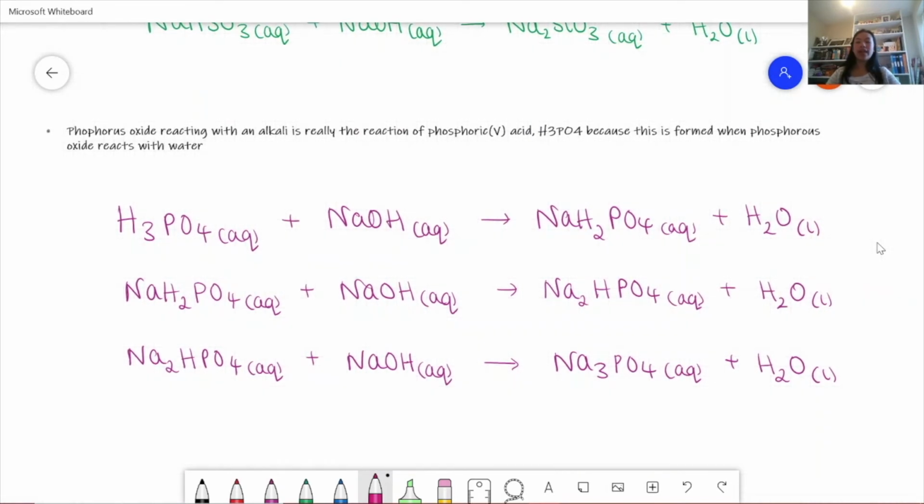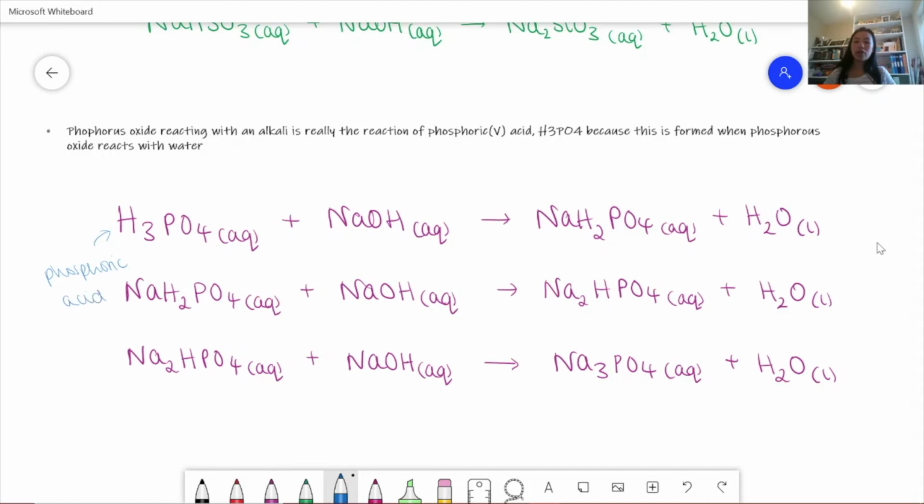And then the last one is phosphorus oxide, and it reacts with an alkali. And really, how we think about this is the reaction of phosphoric acid with an alkali, because this is what's formed when phosphorus oxide reacts with water. So here, the H3PO4 is this phosphoric acid.